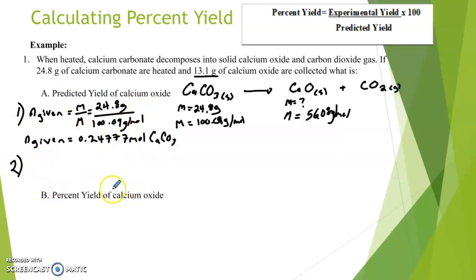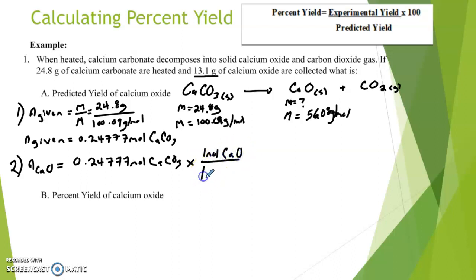Step number two, mole ratio. So we have moles of what we know. We need to find the moles of our unknown. And that's the moles of calcium oxide. So we start with what we know, calcium carbonate, times our mole ratio, and we have 1 mole of calcium oxide for every 1 mole of calcium carbonate.